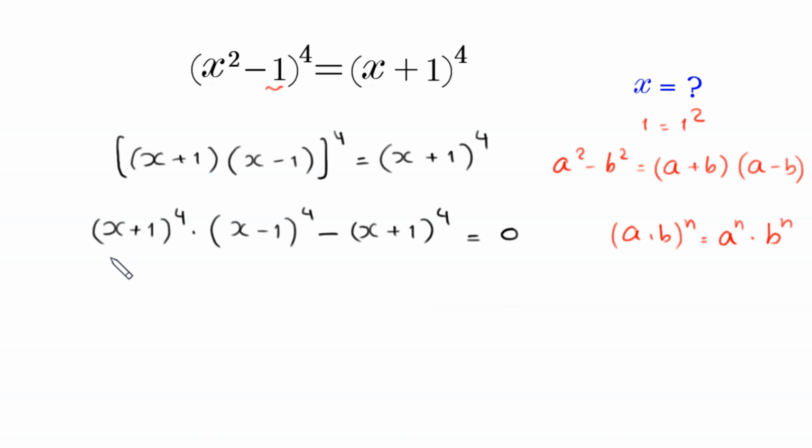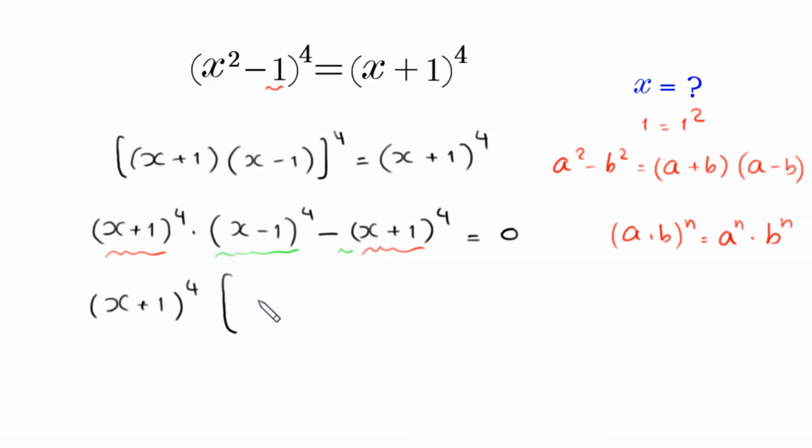Now as you can see, this expression x plus 1 whole to the power 4 is a common factor. So we factor out this x plus 1 whole to the power 4, and in bracket are left this x minus 1 whole to the power 4 and a negative 1 from here.